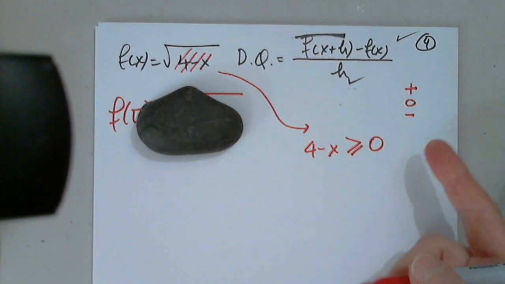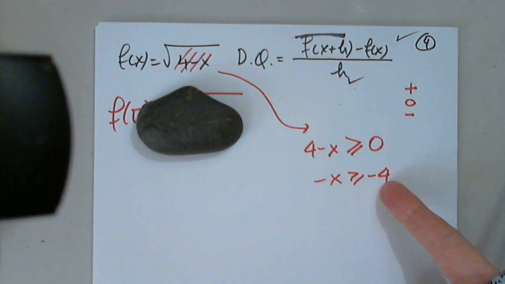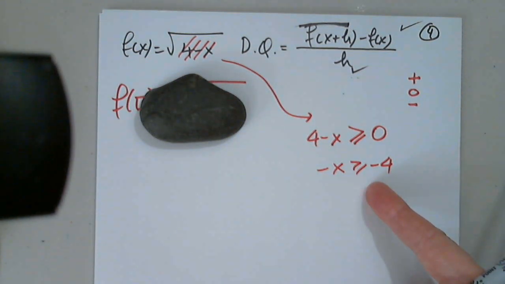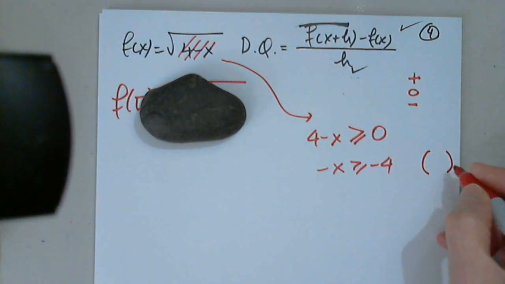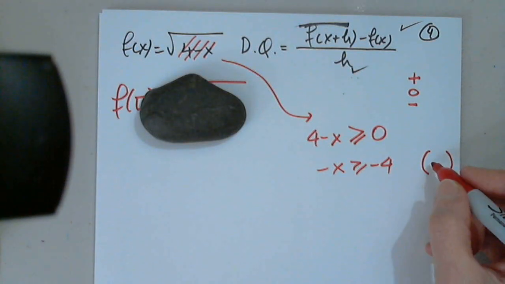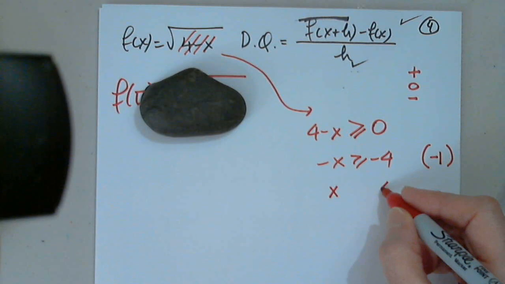Okay? So we move 4 to the other side. When I move a term from one side to the other, I only change its sign. What do I need to do now to both sides? Divide by negative 1. Very good. So this will become positive, this will become positive.